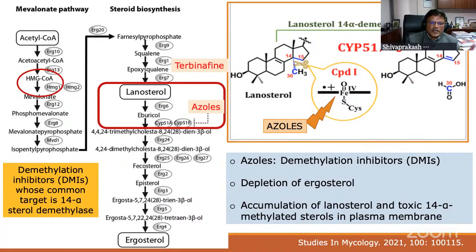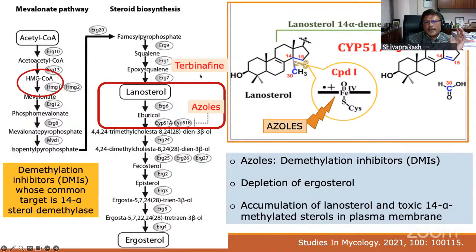If ergosterol is not there, then the fungus will be inhibited or killed. So ergosterol inhibition is one of the important pathways for inhibition of fungi. Azoles and terbinafine are the main drugs which act on ergosterol synthesis.